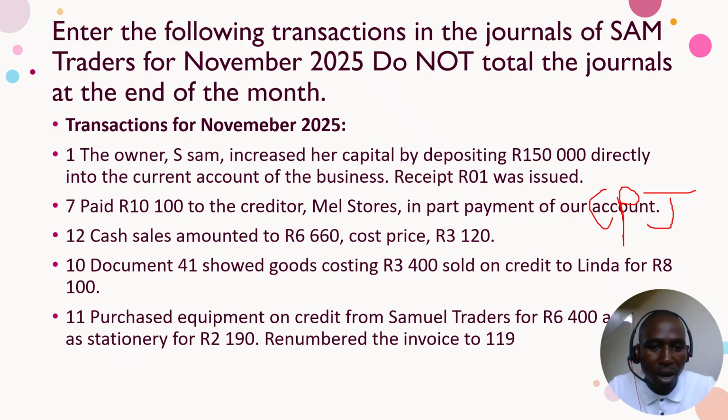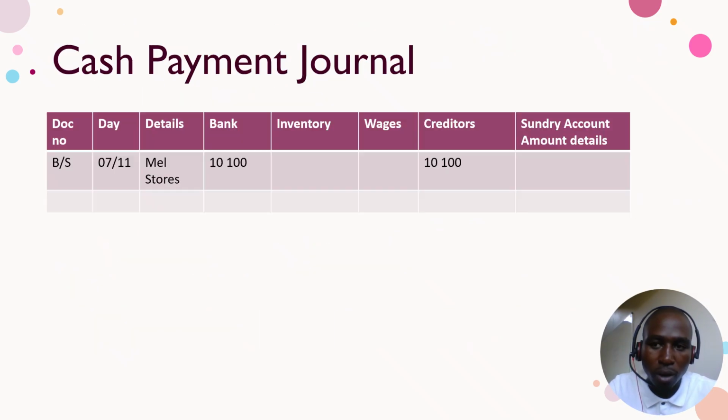Firstly, we have two accounts affected. The first account is bank because money is going out of our bank account. And the second account is the person that we are paying. That is creditors control because Mail Stores is our creditor. So let's go and write on our CPJ.